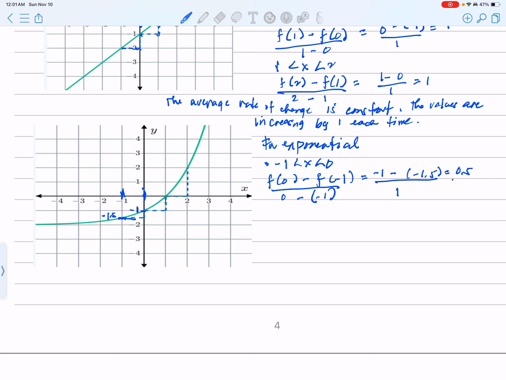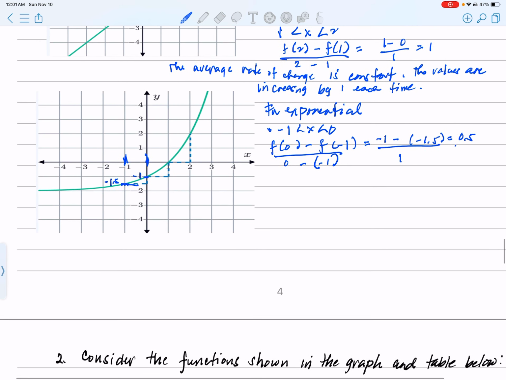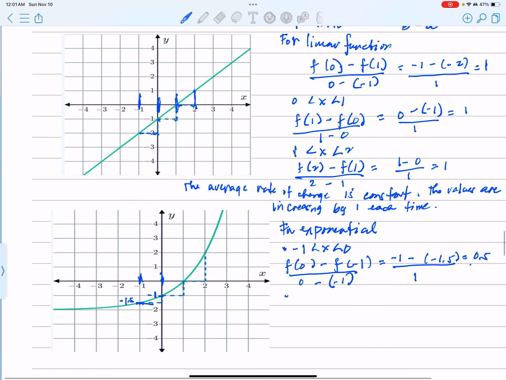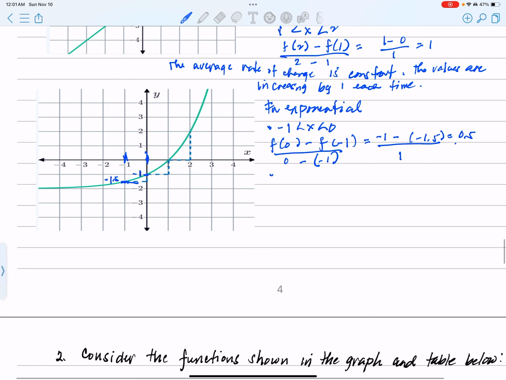So the next interval is from 0 to 1. We're going to have f of 1 minus f of 0 over 1 minus 0.